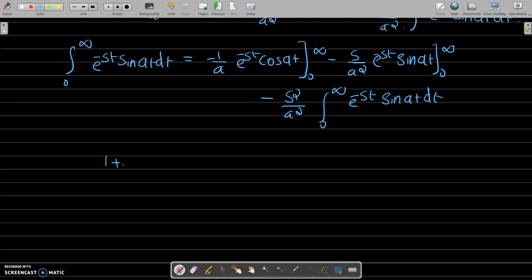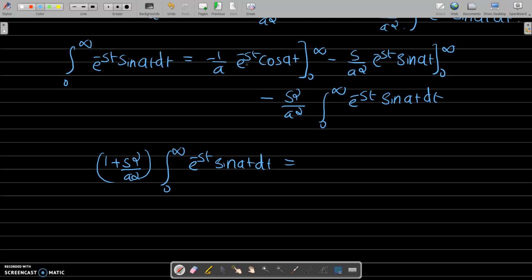So this is 1 plus s square by a square into integral 0 to infinity e raised to minus st into sin at dt is equal to, what is the limit of this one, e raised to minus infinity, that will become 0 here. This is e raised to minus infinity into this one, that is 0.